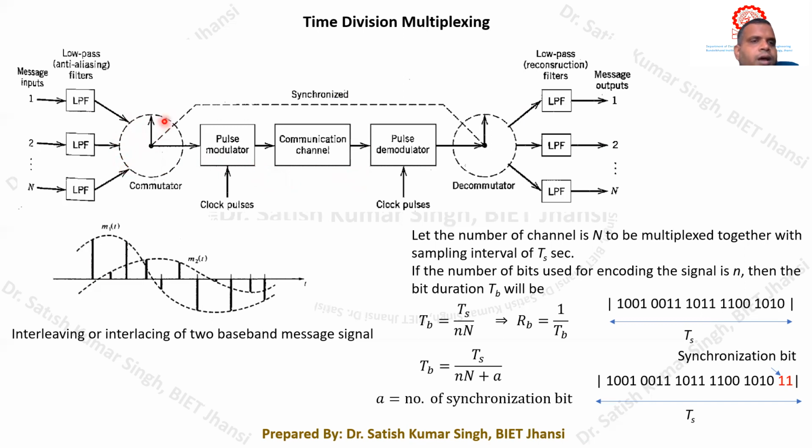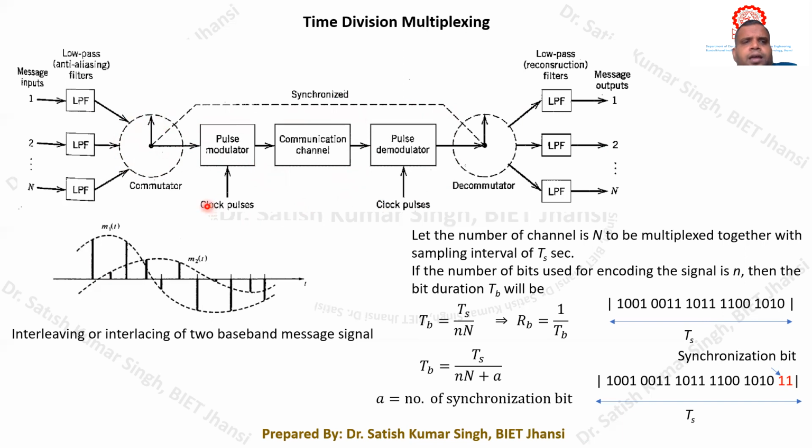So it keeps on taking the samples from each and every message input signal at a regular interval of time. And those message signals which are getting sampled are now getting encoded, or quantized, based on the modulation scheme, and then sent to the other end.